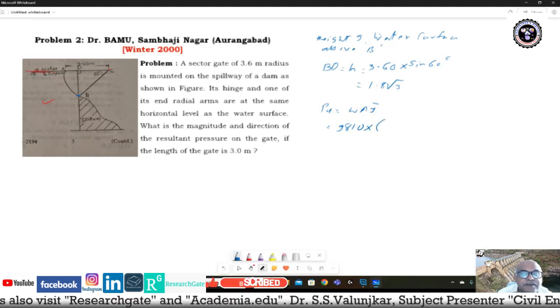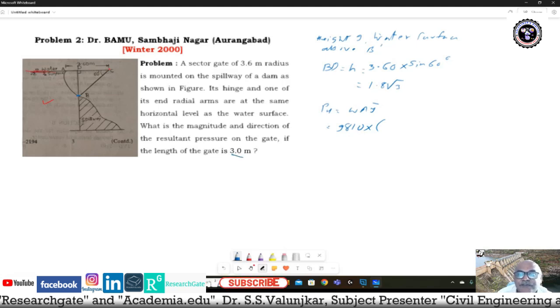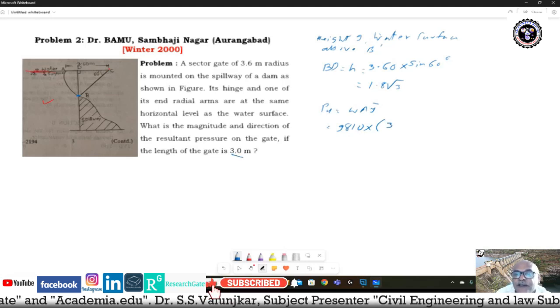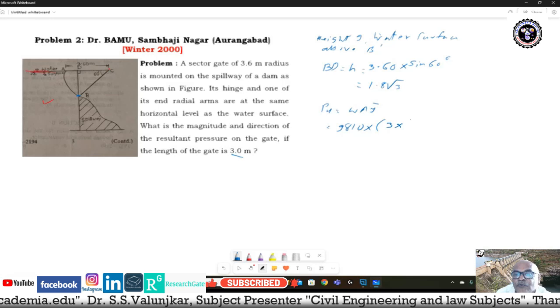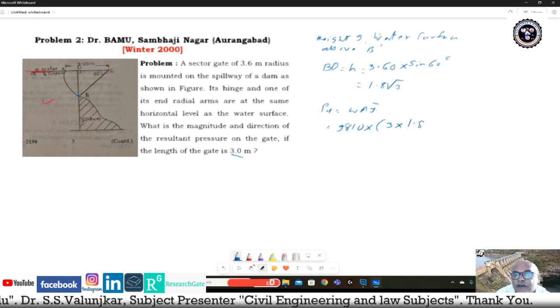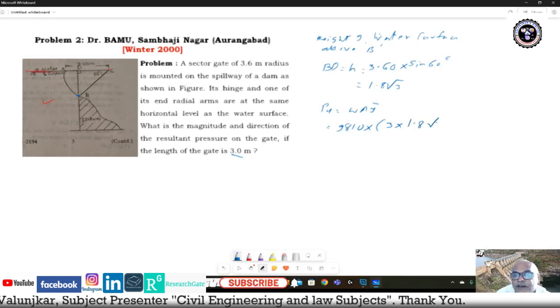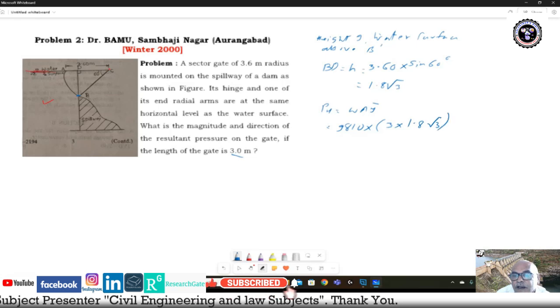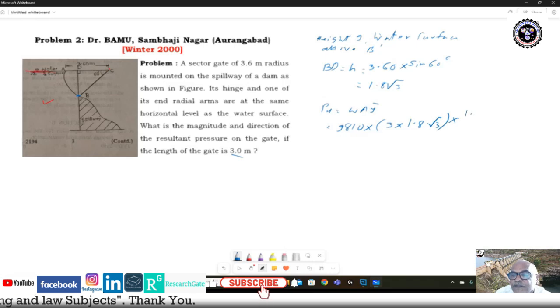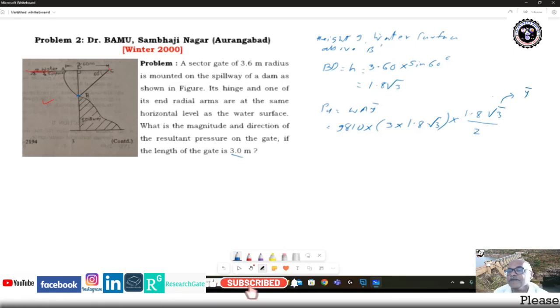So 3 into 1.8 root 3, into 1.8 root 3 divided by 2, which is Y bar.